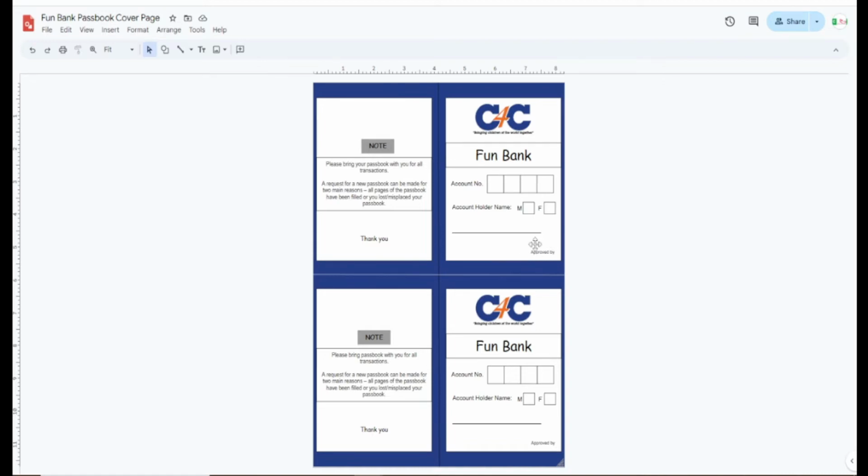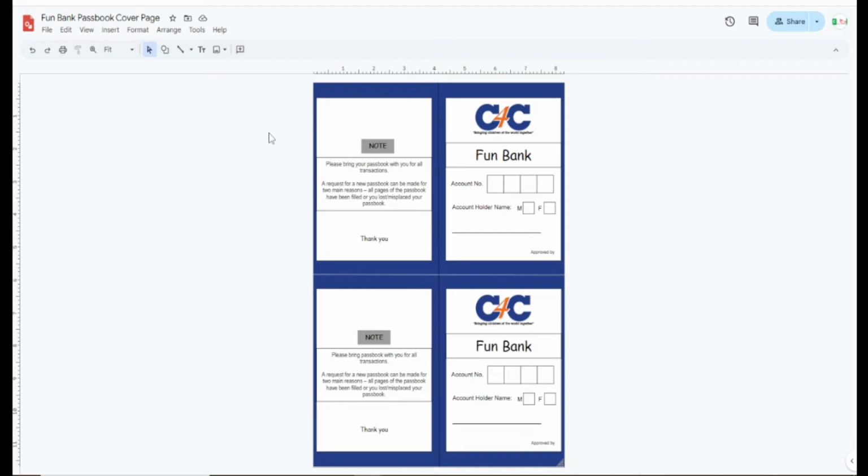The approval is by the authority of the bank, who will sign the passbook when issuing it. And this is just the cover page. A note is also given, just like the original passbook.